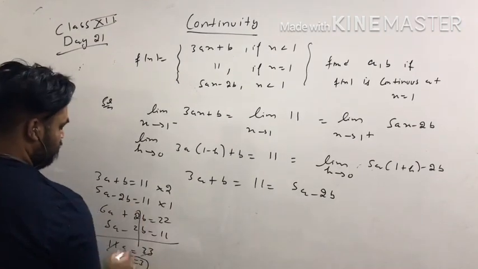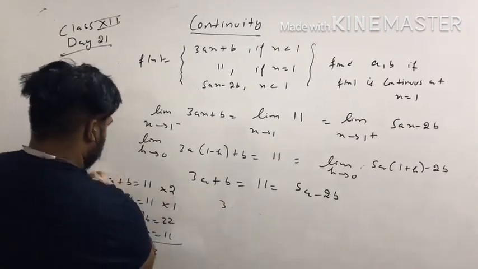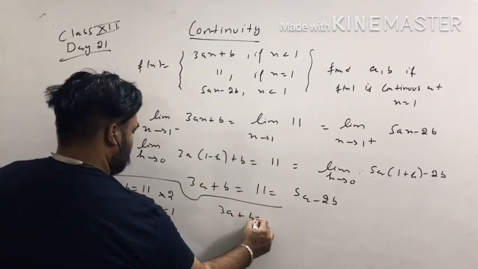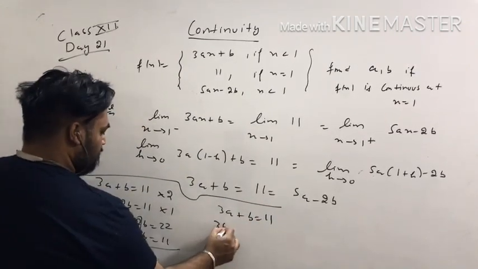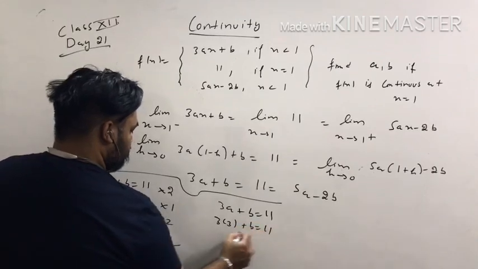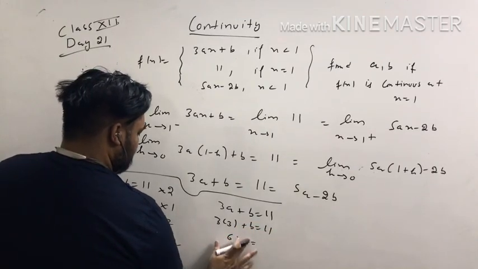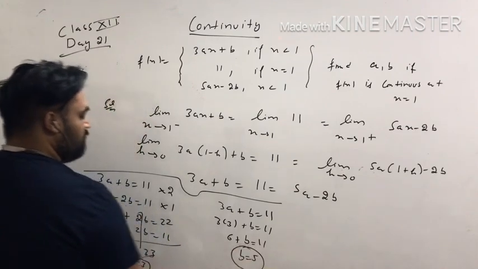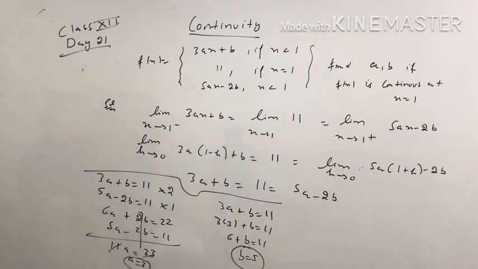Now put this value of a in the first equation. The first equation is 3a plus b equals 11, so 3 times 3 is 9, 9 plus b equals 11. So the value of b is 2. Please note it down in your notebooks, please.